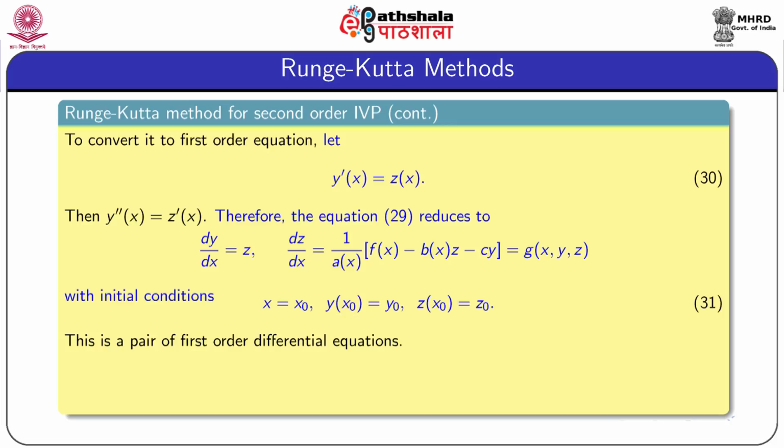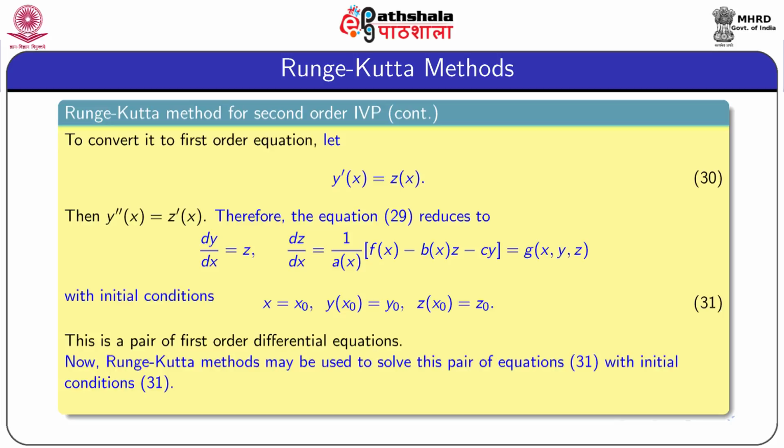This is a pair of first order differential equations, and it can be solved with the help of the second order or fourth order Runge-Kutta methods described in previous sections.